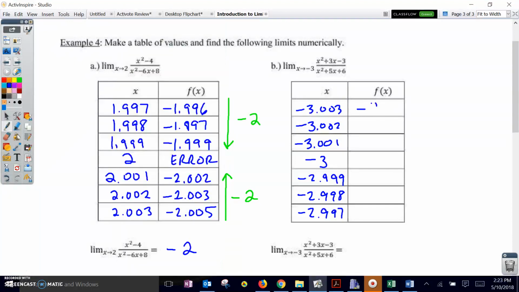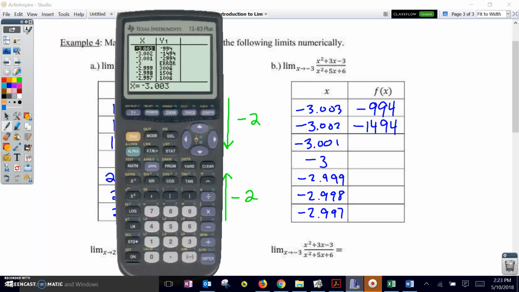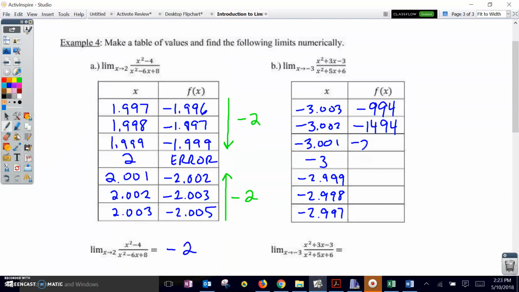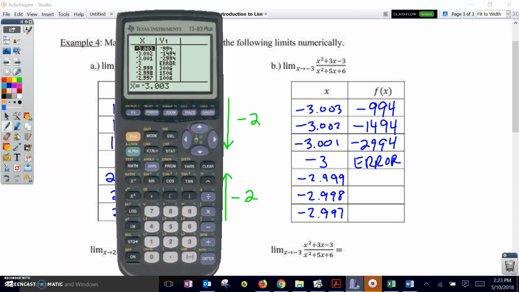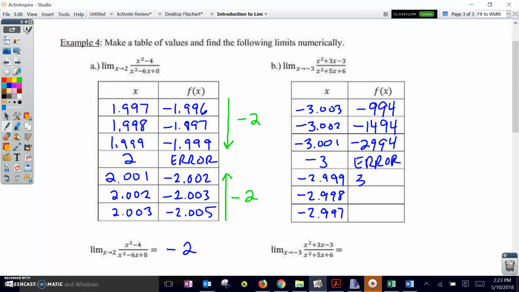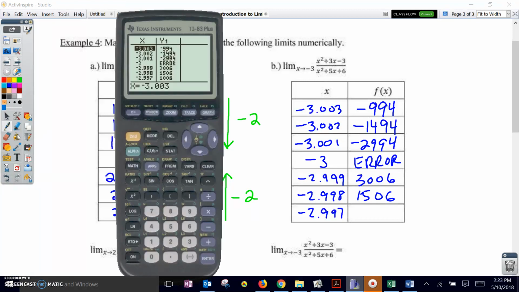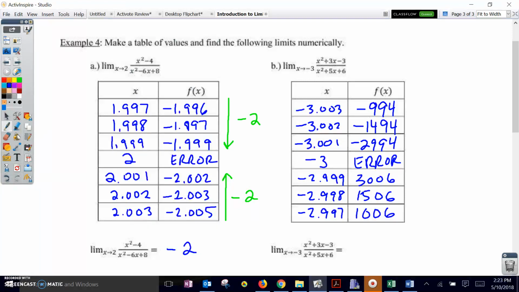Negative 994, negative 1494, negative 2994, error, 3006, 1506, and 1006.